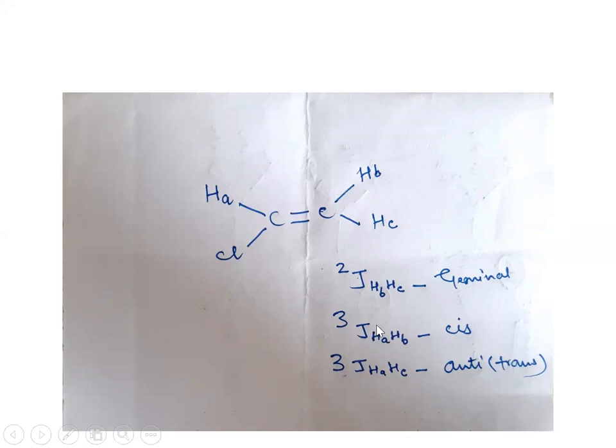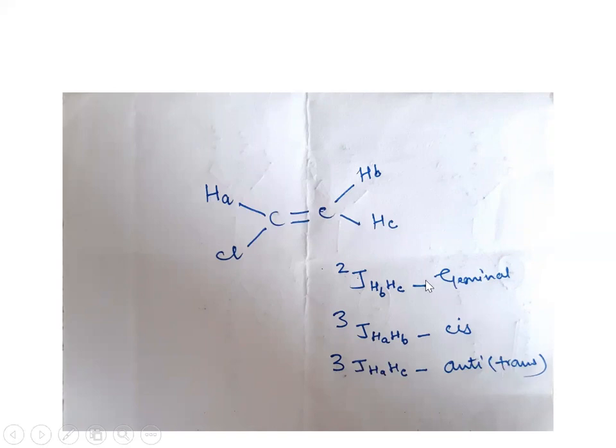These two protons are in cis position, so we mention cis coupling. The third one is HA and HC. These are also three bonds apart, so n equal to 3, and these two protons are trans or anti to each other, so this is called the trans coupling constant.